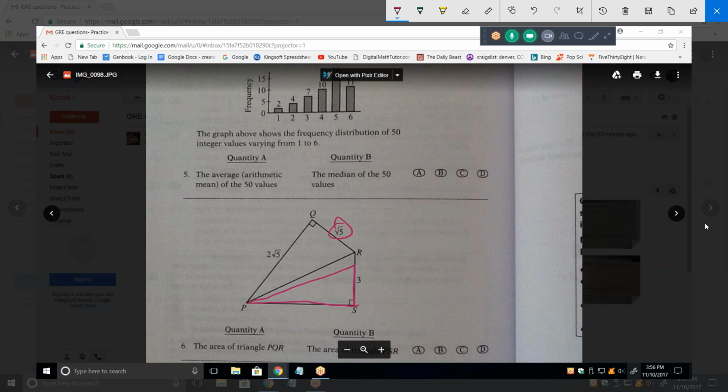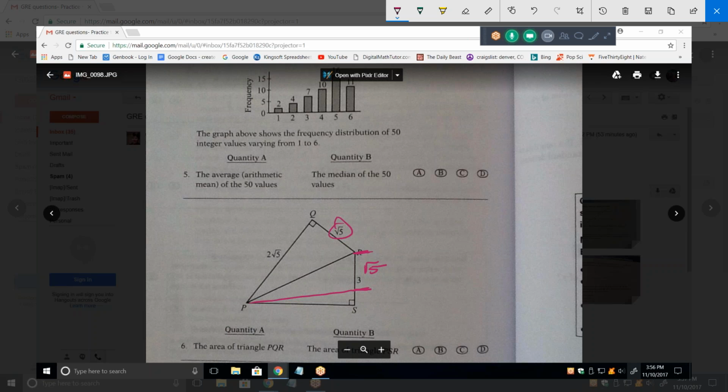So it's not going to look like that. I drew it kind of wrong. In other words, this distance here would be root 5, which is less than 3.